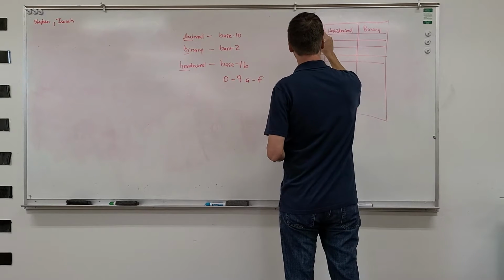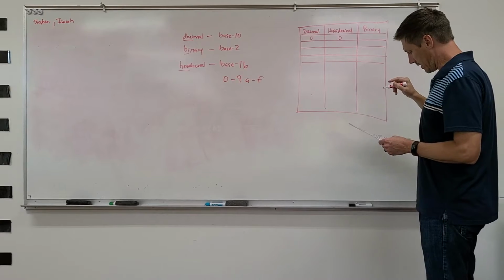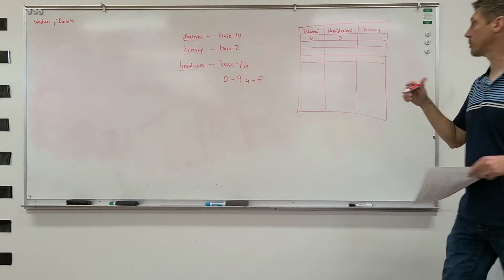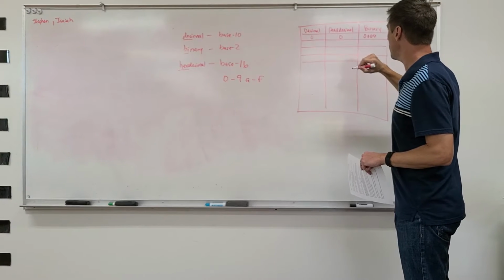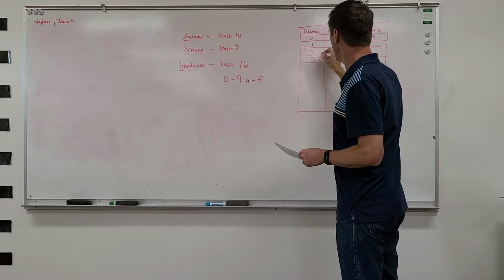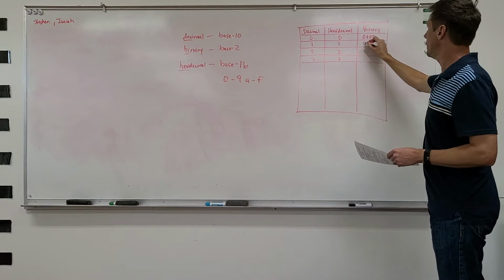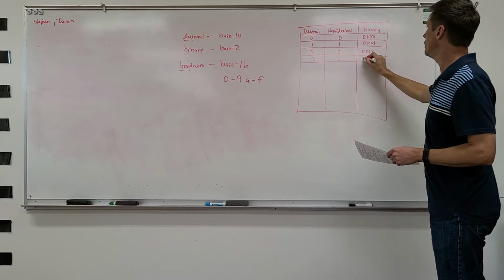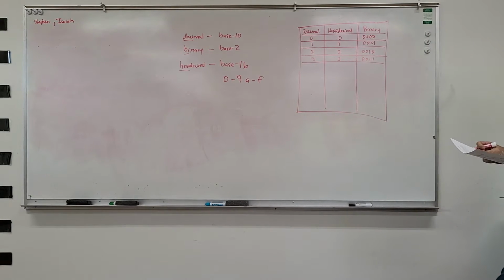If I start with the decimal number 0, the hexadecimal equivalent is 0. For the binary equivalent, it's going to take 4 binary digits to go all the way to 16, so I'm going to put 4 zeros here. If I go 1, 2, 3, these are all going to be the same all the way up. The binary is going to be 0001, 0010, 0011. That's how we would represent each of those.